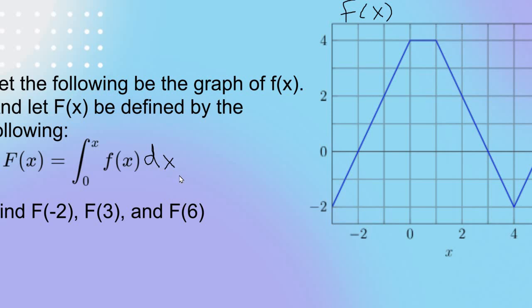So for whatever reason it got chopped off there. So let F of 0 equal to. And we've looked at initial conditions before, right? So it's just basically giving us kind of our way to find our C value.